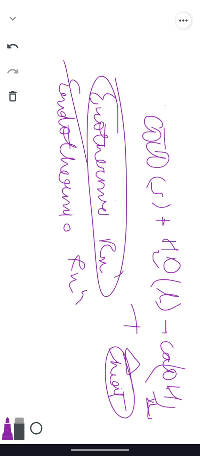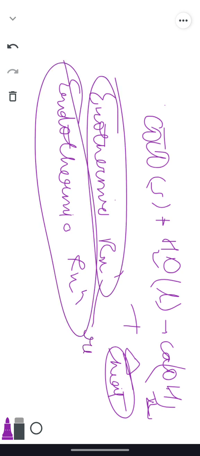Now, this is what we call an exothermic reaction. Another one is a subtype, which is my endothermic reaction. In exothermic, the energy is released, and here the energy is absorbed.